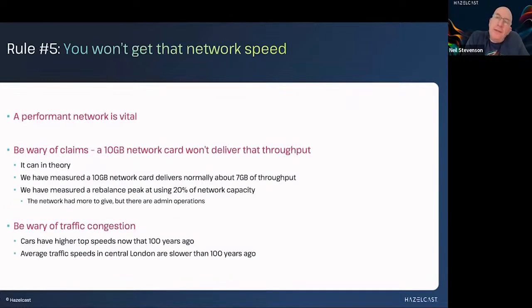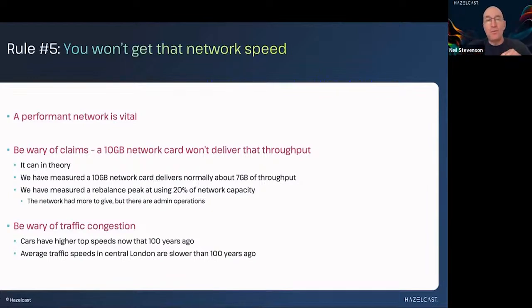And the thing we've seen is you don't get the network speed you claim. You might have a car that has a speedometer that goes up to 100, but if you try and drive that in London traffic, you'll never get to 100 miles an hour, or because you've got arrested at 70 is the speed limit, but that's a separate thing. You never get that fast. The traffic chokes it.